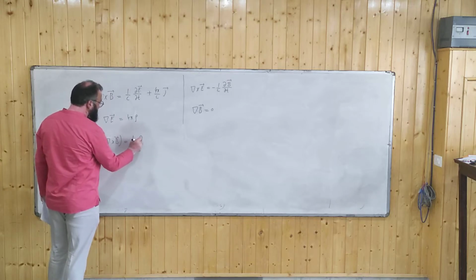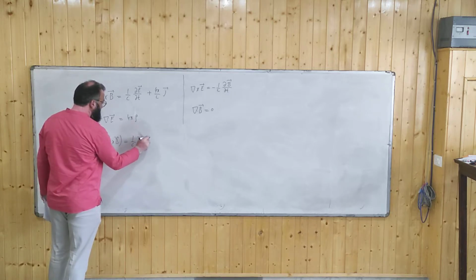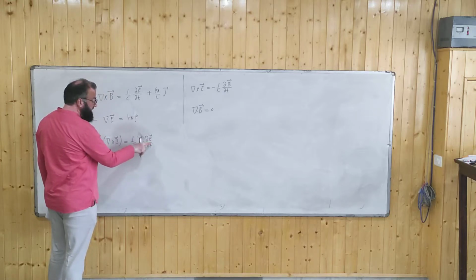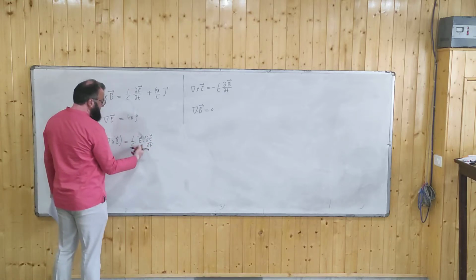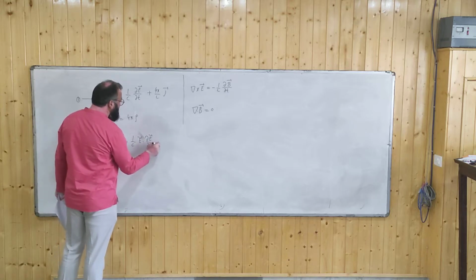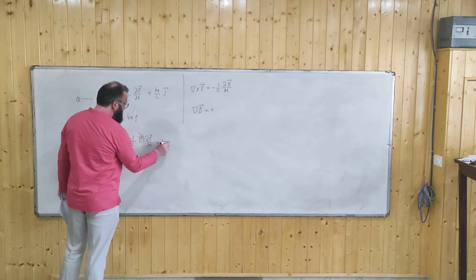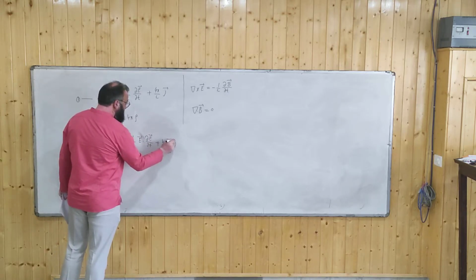So 1 by C, what will it be? E dot partial E by partial T. You cannot take E directly inside it, because it's a time dependent quantity. Plus 4 pi by C E dot J.